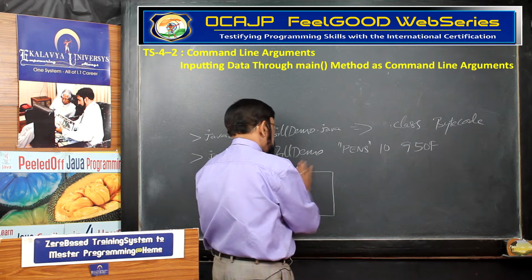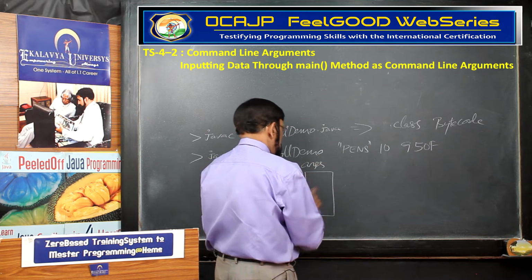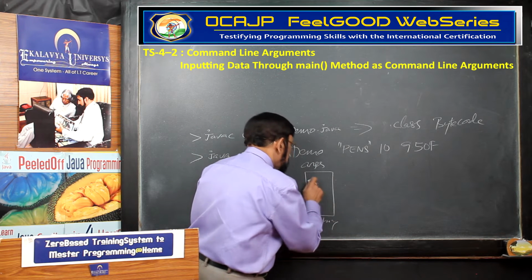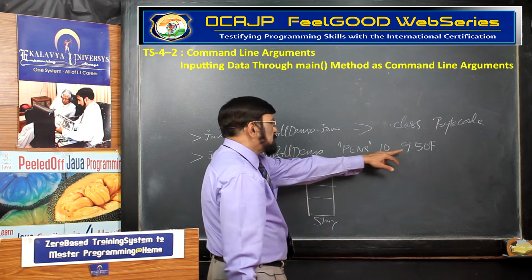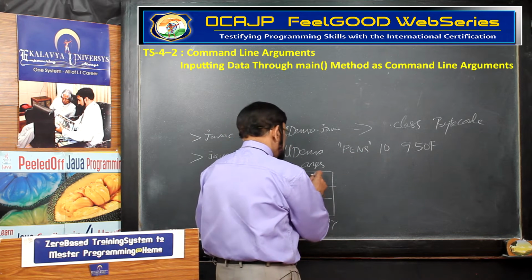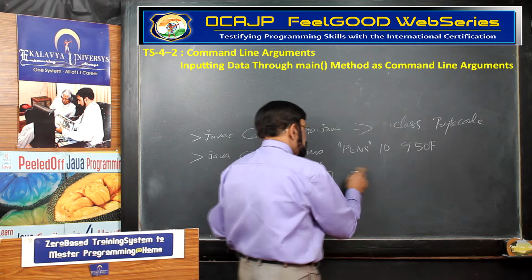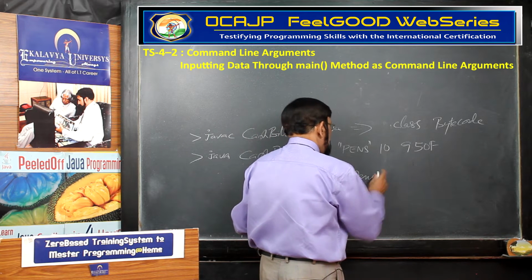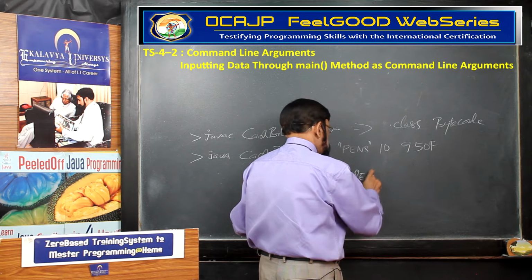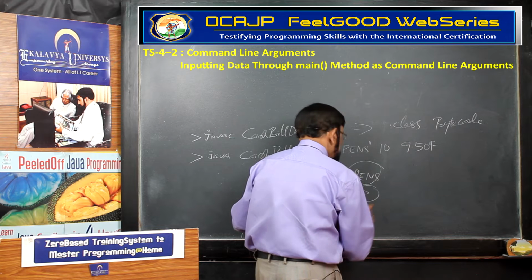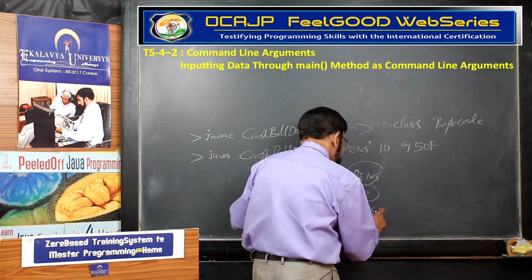Now args, its type is String. Now how many arguments have you given? 3 arguments you have given. Here pens, this is 10, this is 9.5.